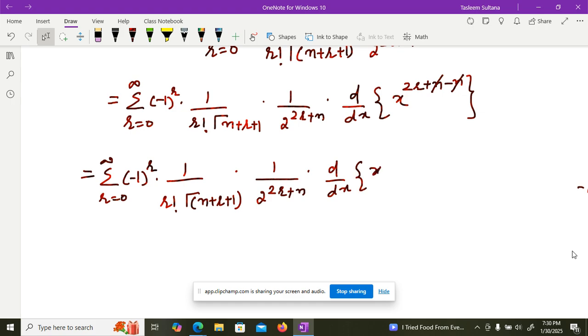Only one term is left, d by dx of x to the power of 2r. Now you have to differentiate only this one term.